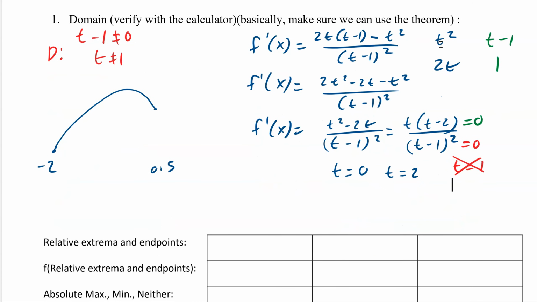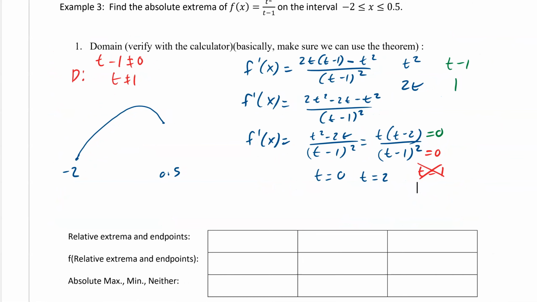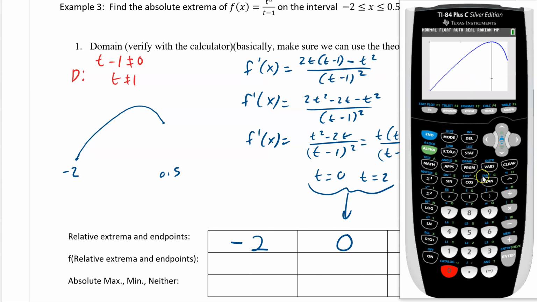So let's plug those in the table and see what we get. We have our endpoints of -2 and 0.5, and of these that fit, it's only 0. Now we can check to make sure that is our critical number in our graph. If I hit trace and 0, it says 0.